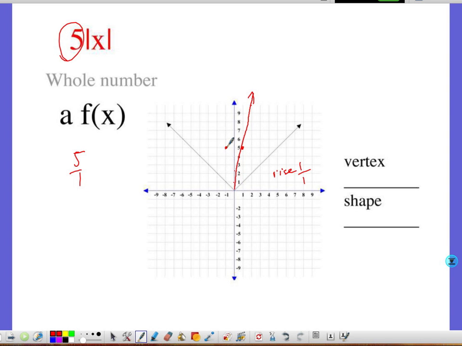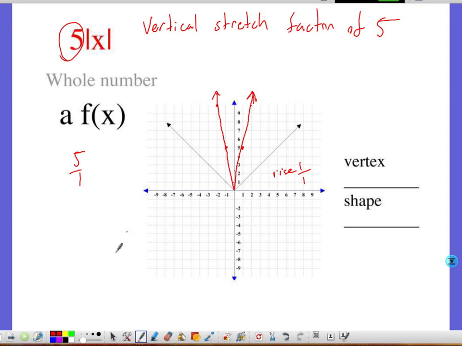And basically, to find my other side, I just have to flip it across the y-axis. And there we go. This by the way is called a vertical stretch. What factor do we stretch it by? Well, we stretch it by a factor of 5. Vertical stretch factor of 5.